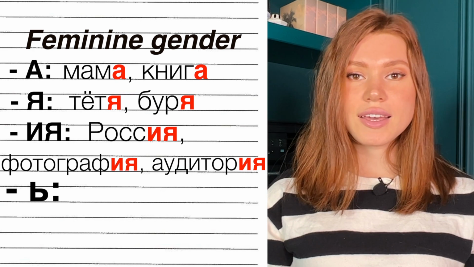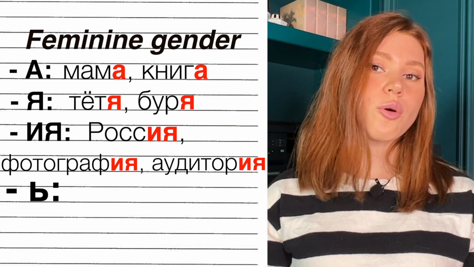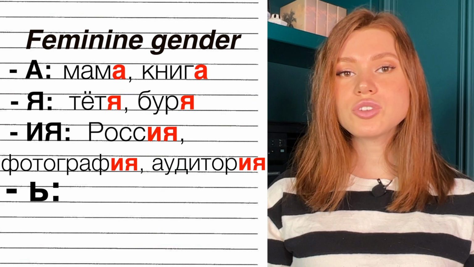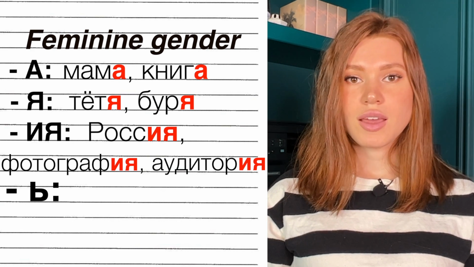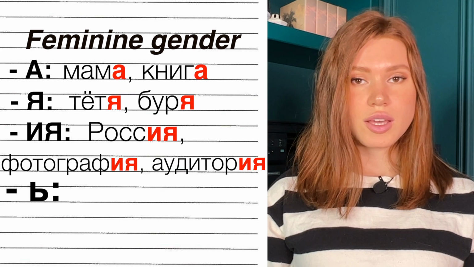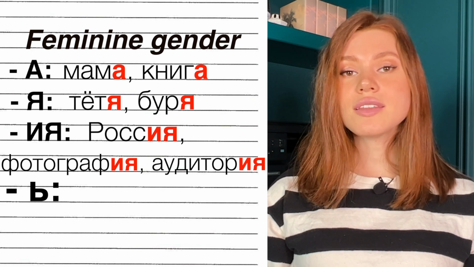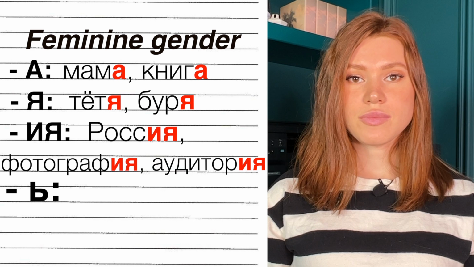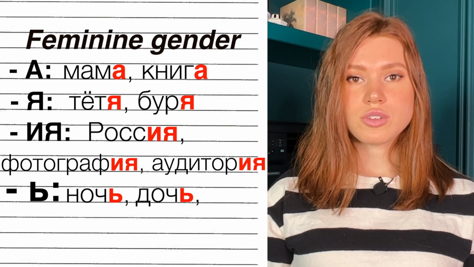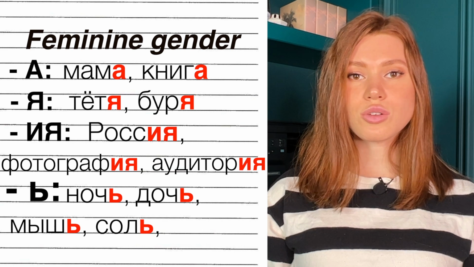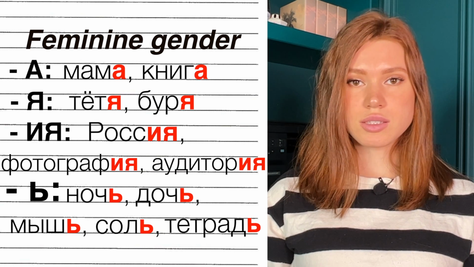And here again, the rule that I've already said: you just need to learn these nouns. Basic nouns ending in soft sign in feminine gender. Ночь, дочь, мышь, соль, тетрадь.